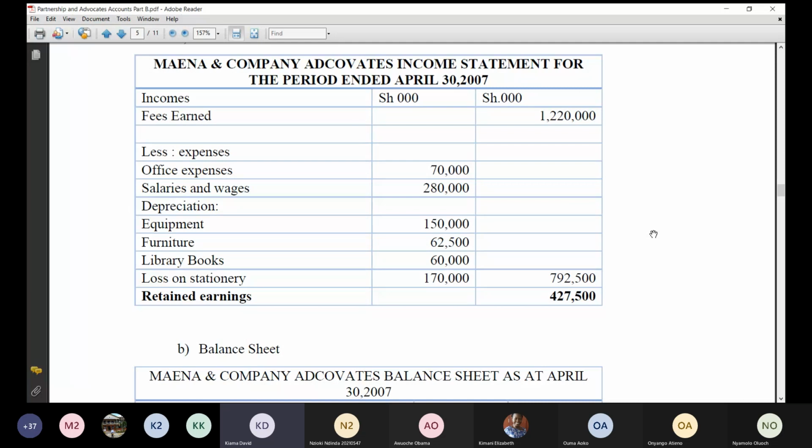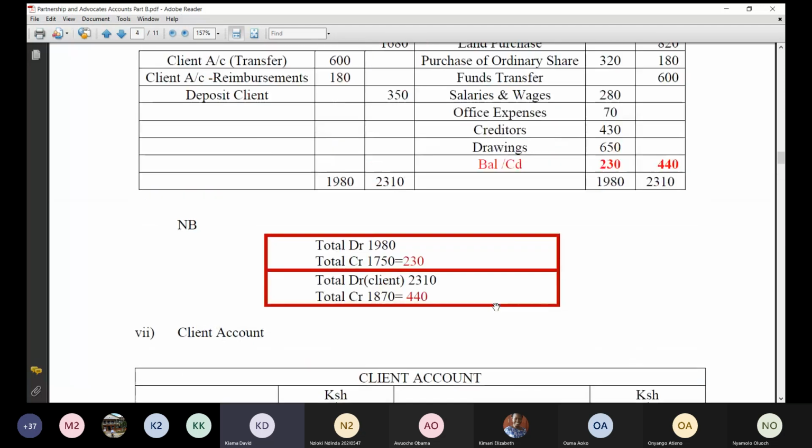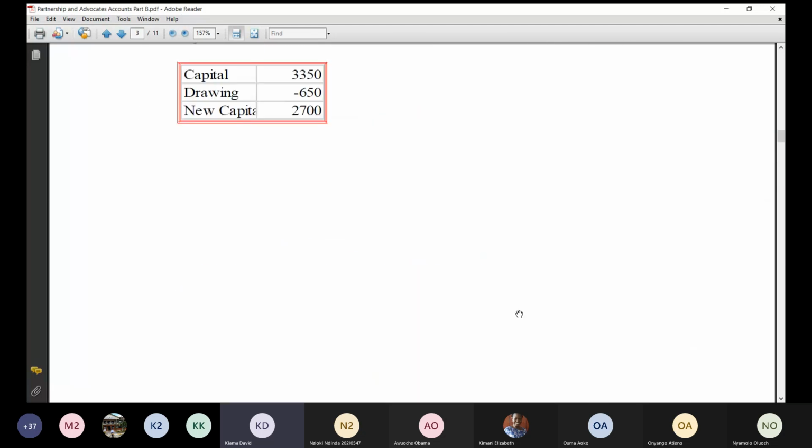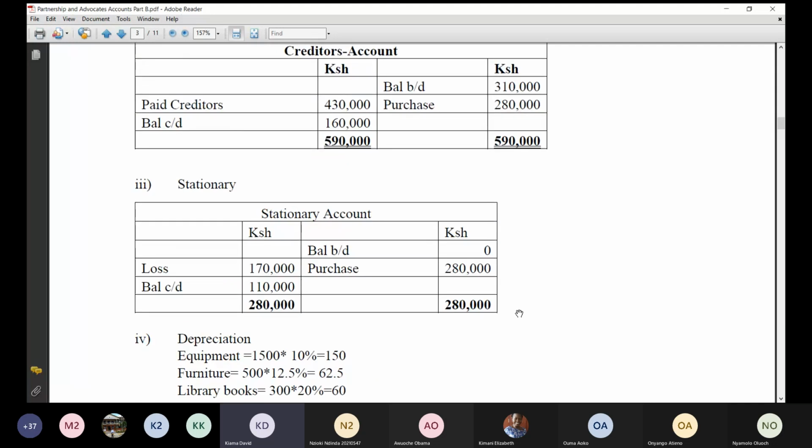Whereas I don't have a challenge with the workings, it is on the nomenclature where, since as the advocates, we are not in the business of selling or buying stationery, instead of recording it as a loss, I don't know whether the other alternative would be to record it as stationery that has been used in the office.